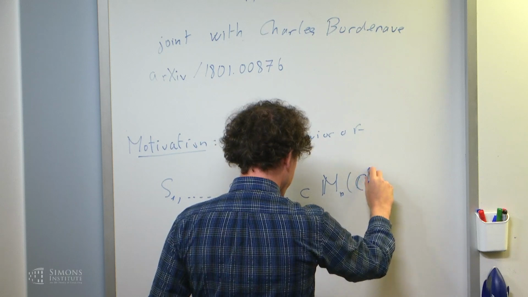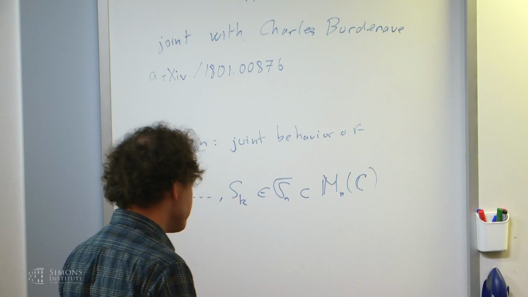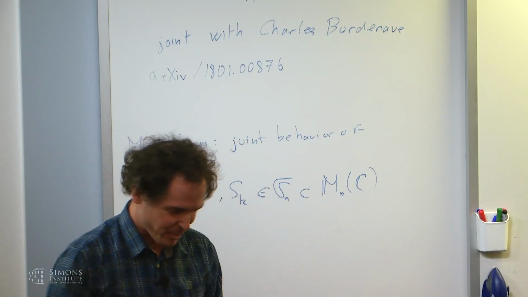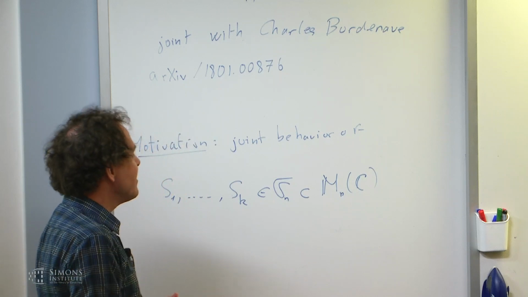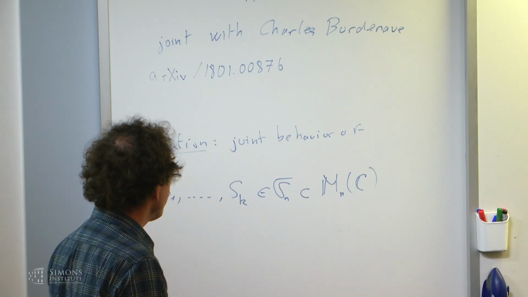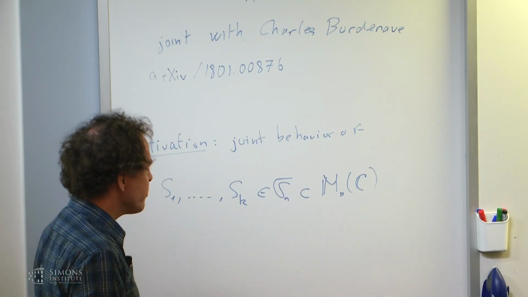So this is n by n matrices, and very soon you will see that I want to allow myself to take some complex valued linear combinations.